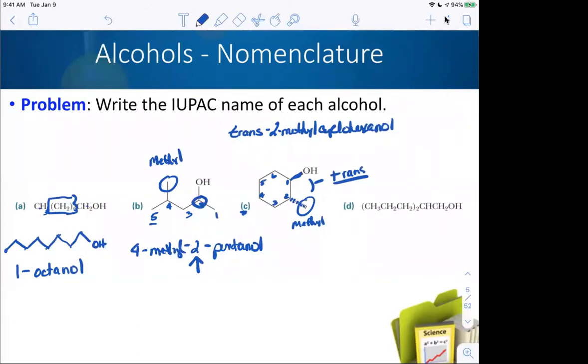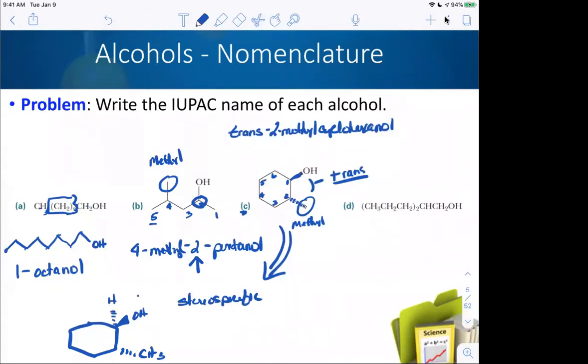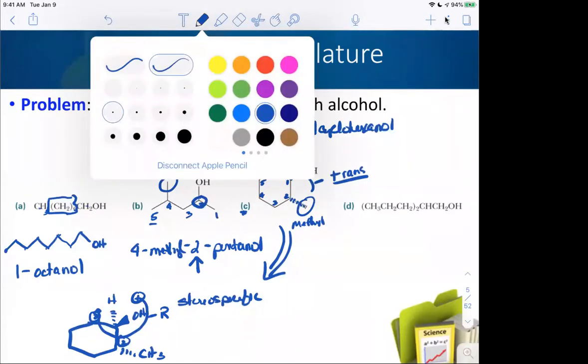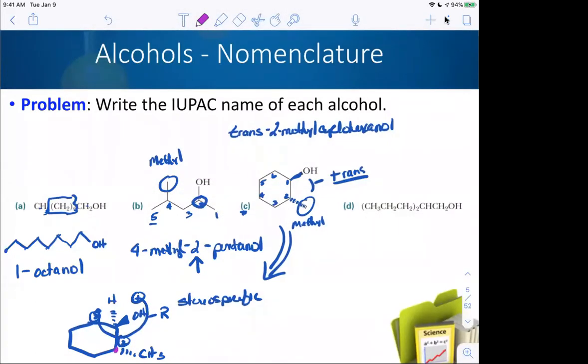Now, if I wanted to do something that was stereospecific here, what I need to figure out is the stereochemistry at those 2 carbons. So if I do this, I have priority 1, priority 2, priority 3. That carbon is going to be clockwise, so that's going to be R. And then I'm going to look at this carbon.